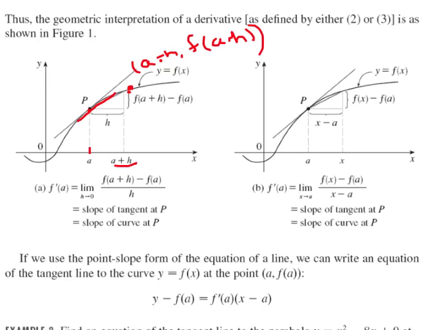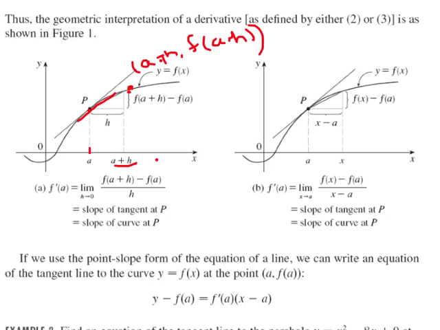Again, from section 2.6. So if that's the case, then our y minus y over x minus x gives us a plus h minus a, which makes the a go away, and that's where we got this. This is the slope of the tangent line at the point P.